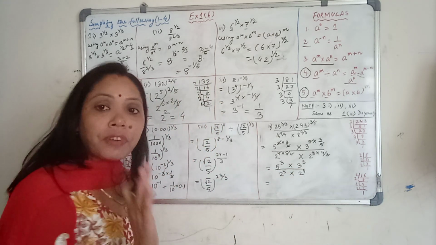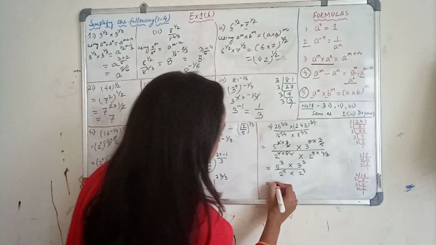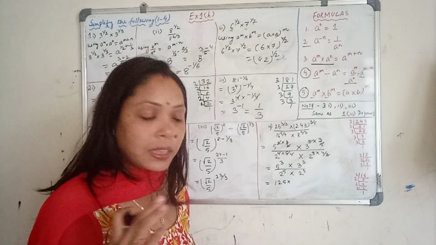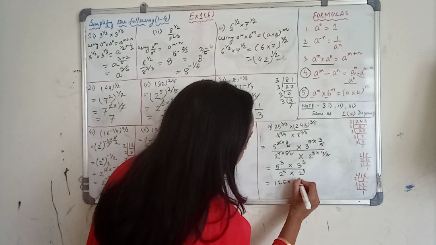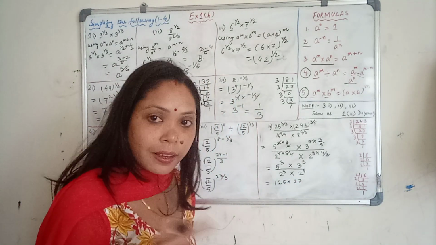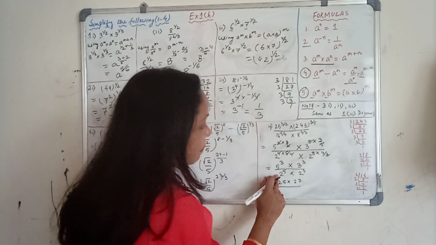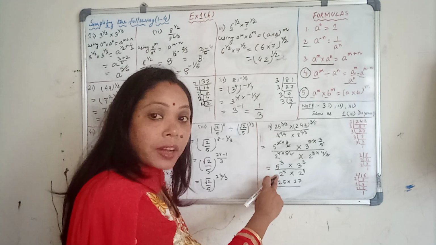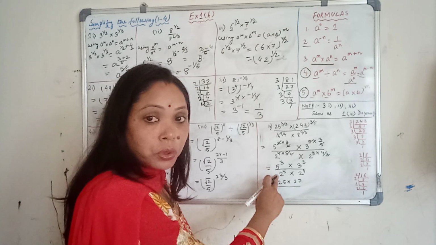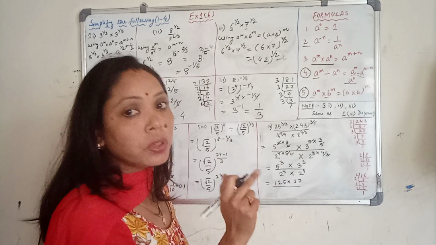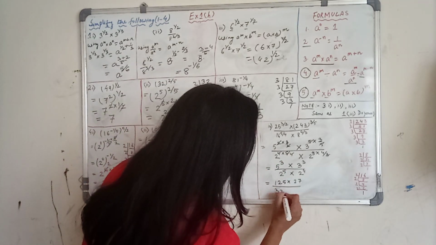Now multiply the 5 three times. The answer will be 125. Multiply the 3 three times. The answer will be 27. 3 threes are 9, 9 threes are 27. Multiply this one, 2, five times. 2 into 2, 4. 2 into 2, 4. 4 fours are 16. 16 into 2, 32.